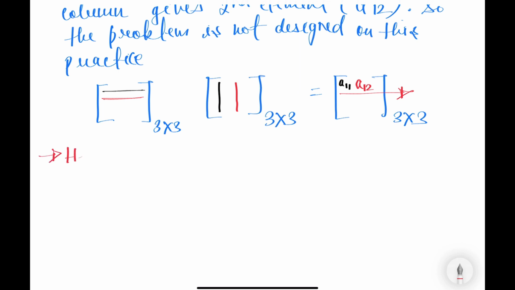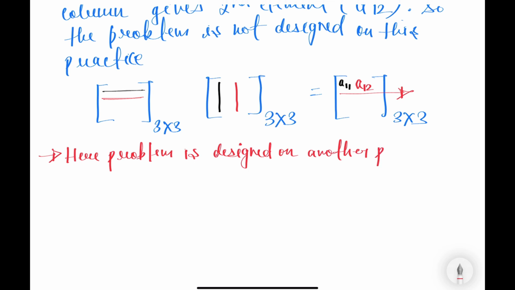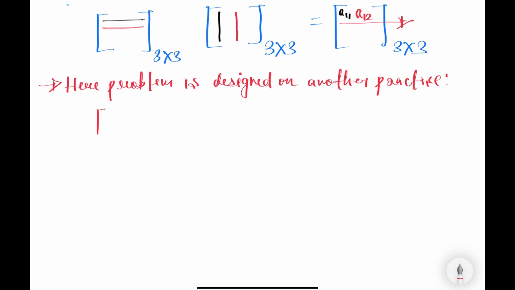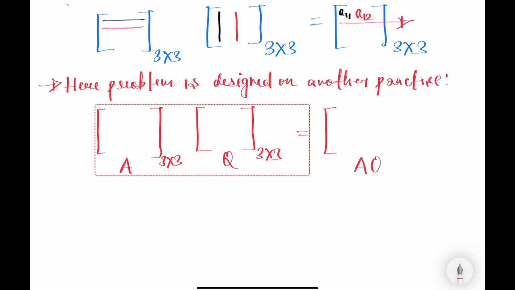Here the problem is designed on another practice, where a 3 cross 3 matrix A is multiplied with a 3 cross 3 matrix Q, resulting in AQ, which is also a 3 cross 3 matrix.